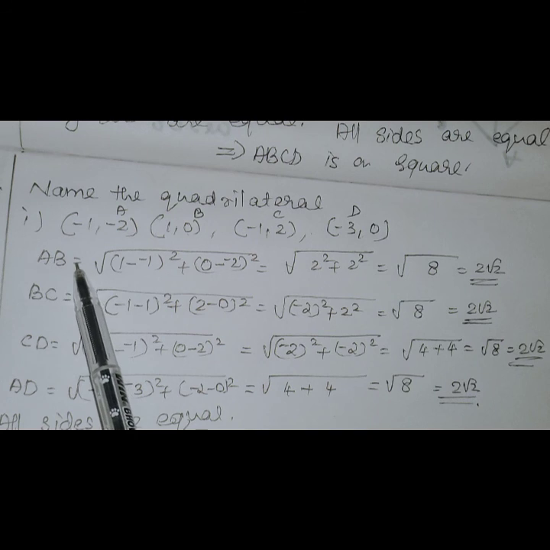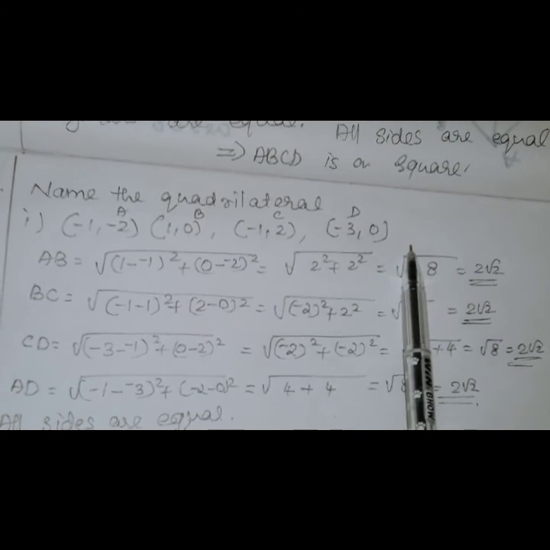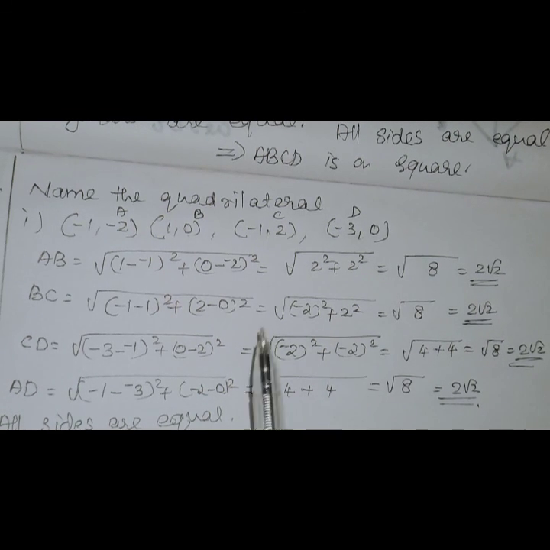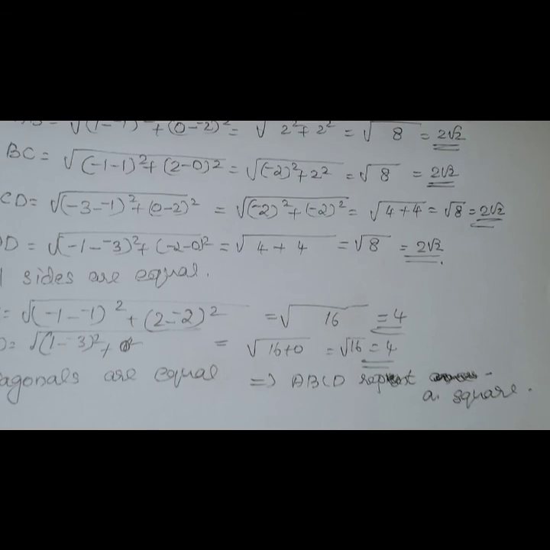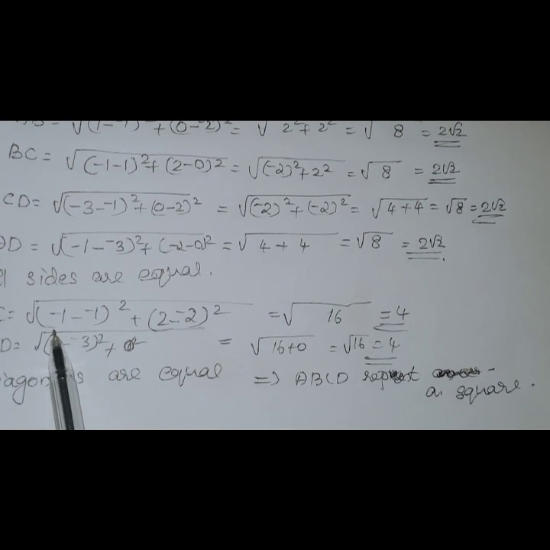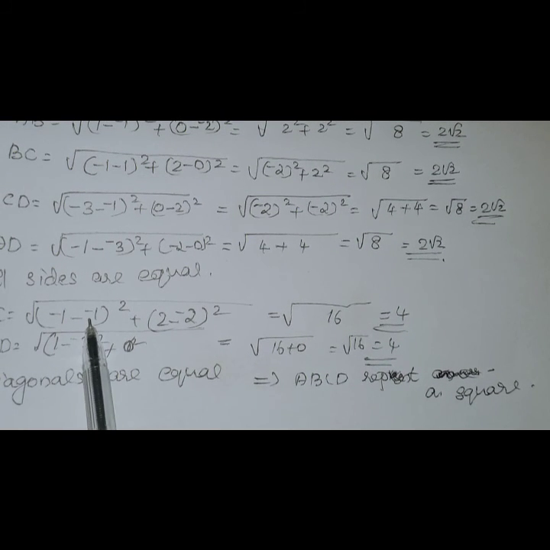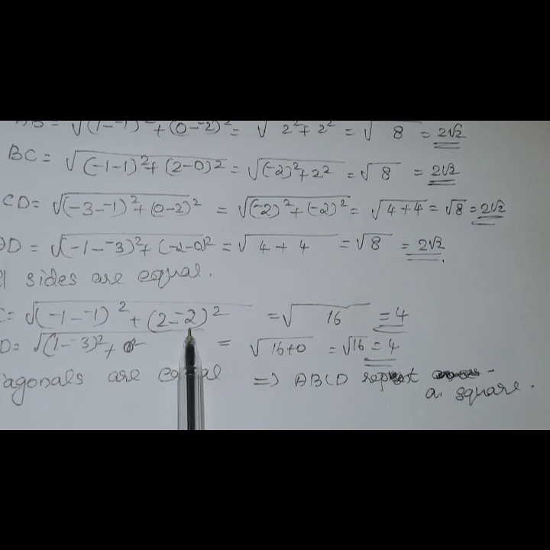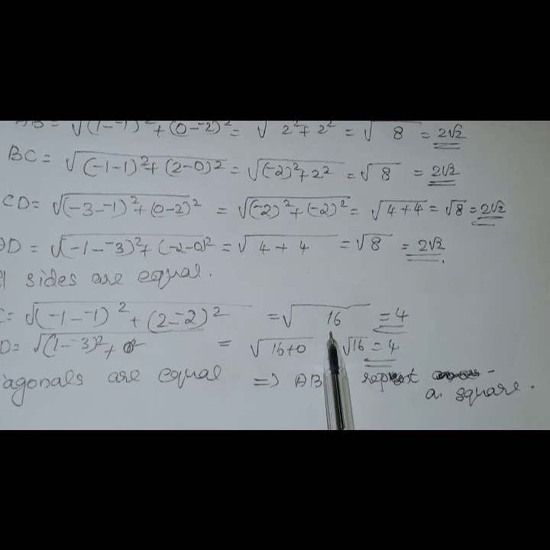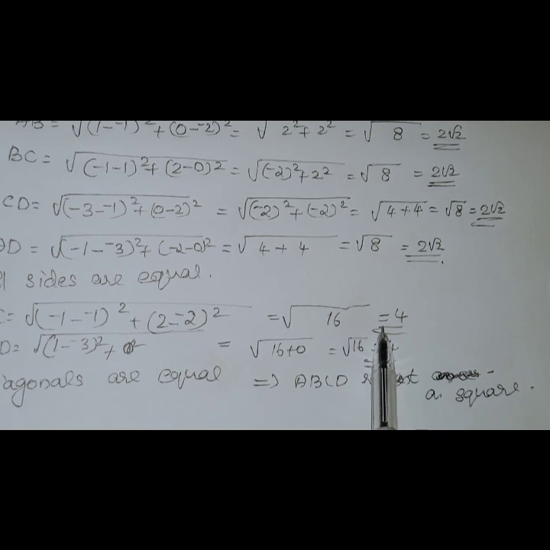From this we can see that the coordinates form a quadrilateral and all the sides are equal. Next, as in the previous case, we want to find the diagonals. Here AC is the root of (negative 1 minus negative 1) whole square plus (2 minus negative 2) whole square, so it is root 16, that is 4.